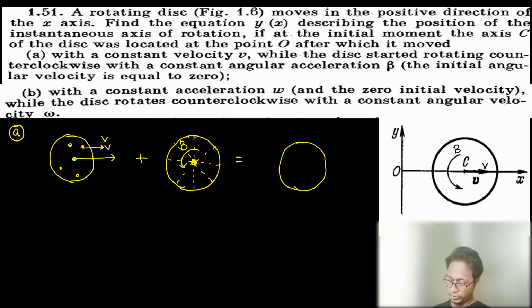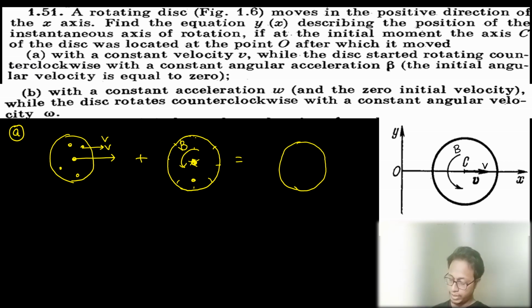So velocity at this point would be how much? Suppose I'm taking this second problem. This is the wheel. What is the velocity of this point due to rotation only?